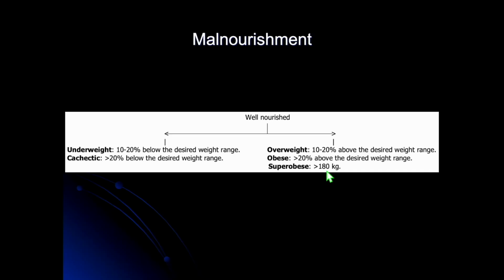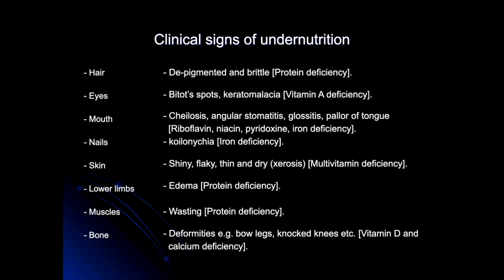Apart from decreased body weight, what are the clinical signs of undernutrition? In other words, when will you label a person undernourished? When hair is depigmented and brittle. See, in parentheses, I have given the nutritional element that is deficient in different signs of undernutrition.